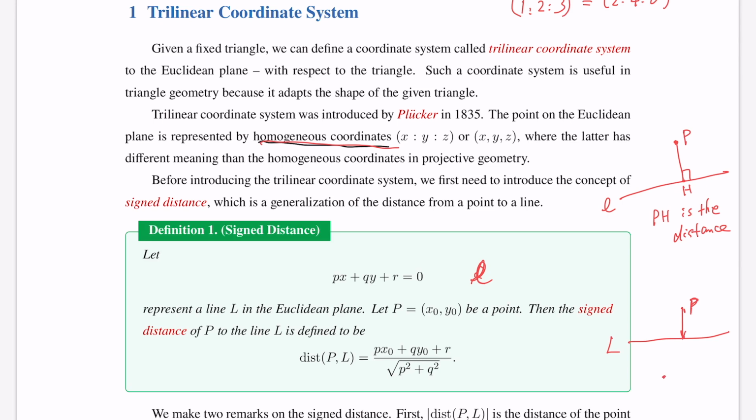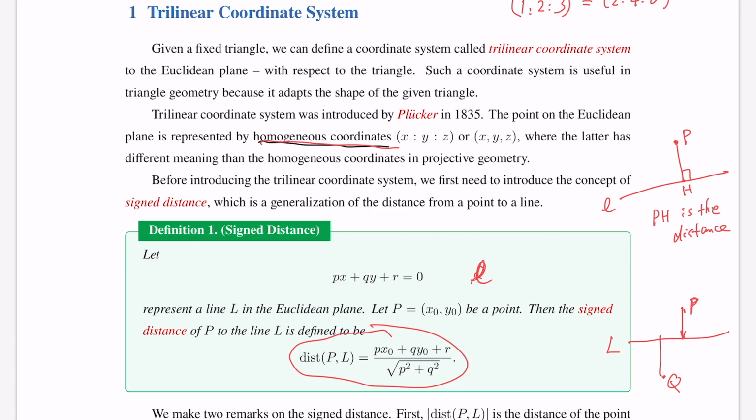Then if I have another point Q on the other side of the line, the signed distance is the negative of the distance of Q to the line L. So why do we have to introduce negative distance? Well, this is because if you look at this formula, you will see that it is much simpler than the corresponding formula using the absolute value.